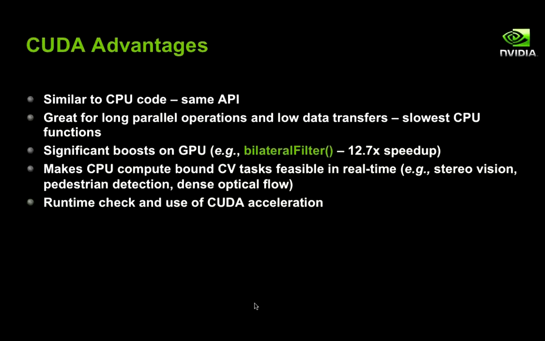This also helps because having the CUDA module available for OpenCV has enabled a lot of tasks that were compute bound on the CPU to be done in real time, for example stereo vision, pedestrian detection or dense optical flow.